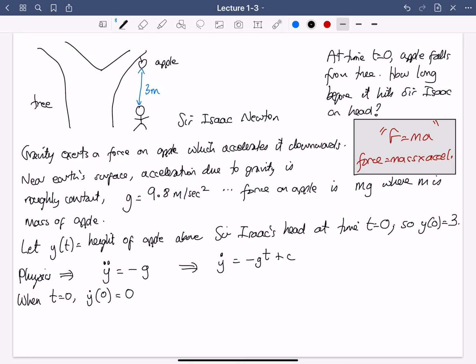That's the instant the apple breaks loose from the tree, so it's not actually moving at that instant. The velocity is 0. So that tells us 0 equals minus gt, and I'm plugging in t equals 0, so minus gt is just 0. 0 equals c. Okay, so actually y dot is minus gt.